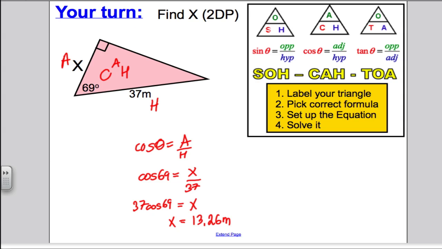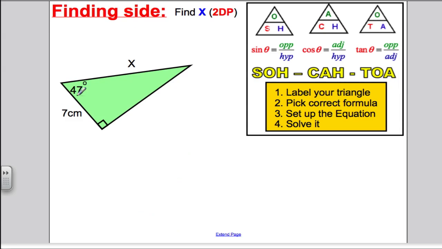Okay, let's have a go at another question. Always start, label your triangle. So this is my angle here. The x is opposite the right angle, so it must be the hypotenuse, and the 7 is the adjacent. What of SO, CAT or TOA has A and H? Well, CAT does. Write down what CAT means. It means cos of the angle is the adjacent divided by the hypotenuse.